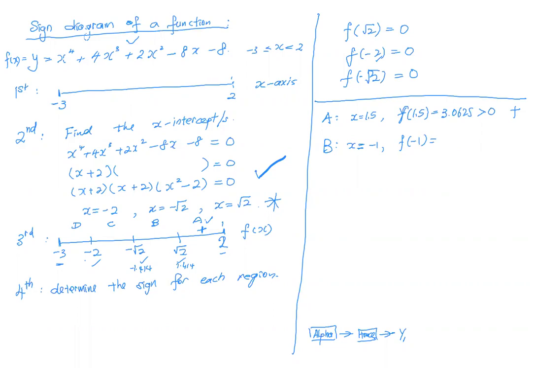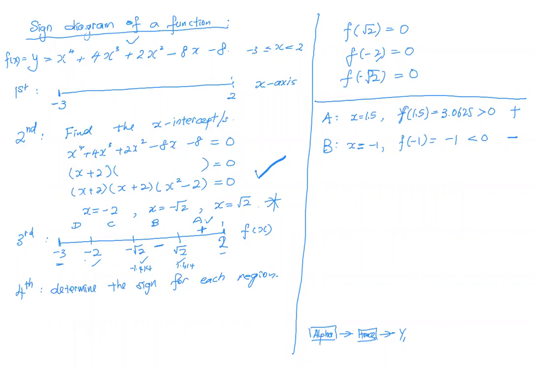Just key it in. -1. Okay, I got -1 also, right? So the value of Y is less than 0, so negative sign. So I put the negative sign down there. So I know that my graph is below the x-axis.